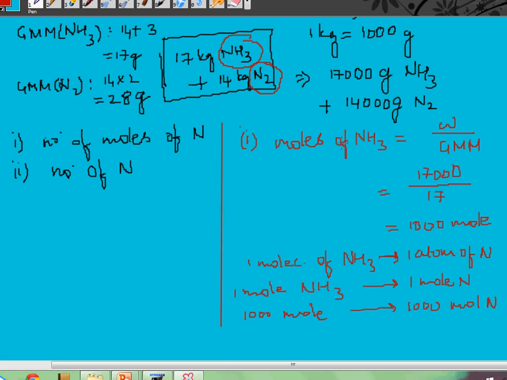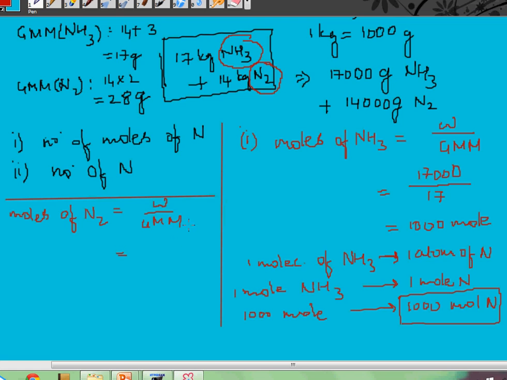Now let's see the number of moles of atoms of N from N2. So this is 1000 moles of nitrogen from ammonia. Now from N2, again we have to calculate the moles of N2 first, which is given mass divided by gram molecular mass.